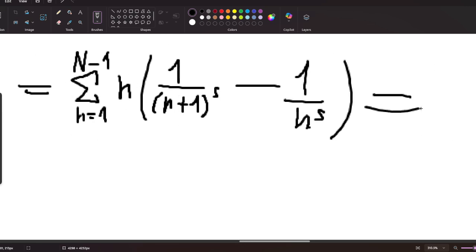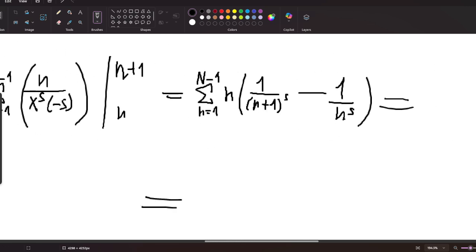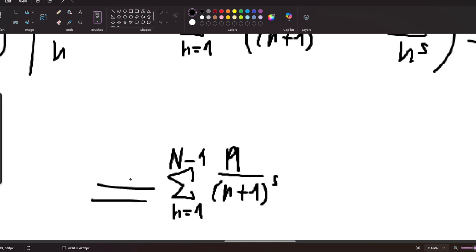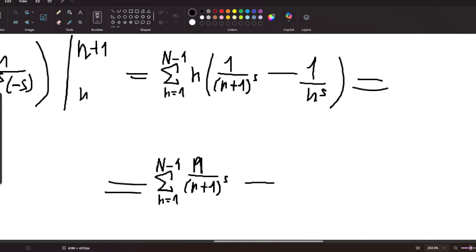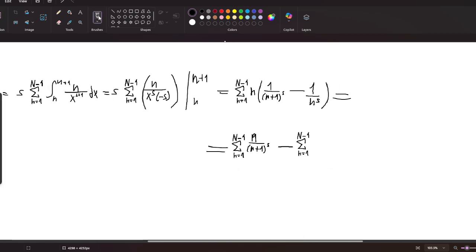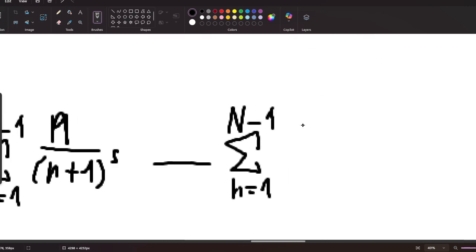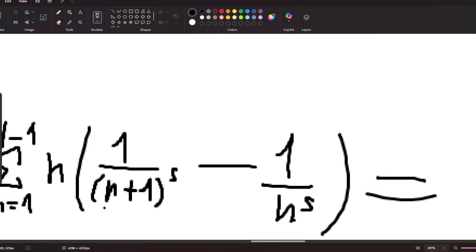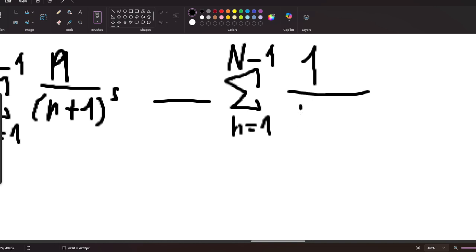Alright, now let's split the sum into two different sums. One sum with these terms, and one sum with these terms, 1 over n to the power of s minus 1.